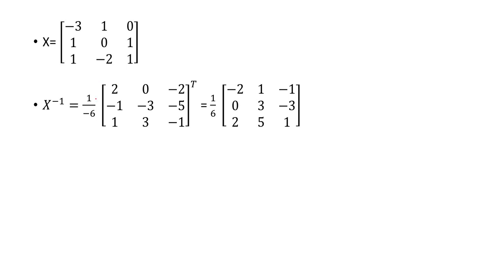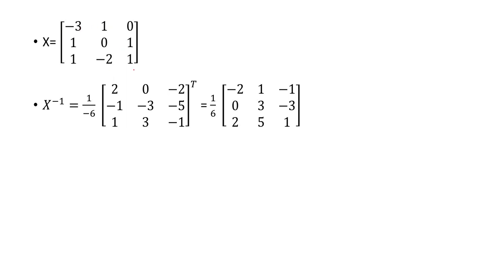For finding the inverse, you take the adjoint by determinant. The determinant of this matrix is minus 3 into minus 2 is minus 6, so 1 into 0, and the last entry is 0. So the determinant is minus 6. So we have 1 by minus 6 into the cofactor of this matrix.